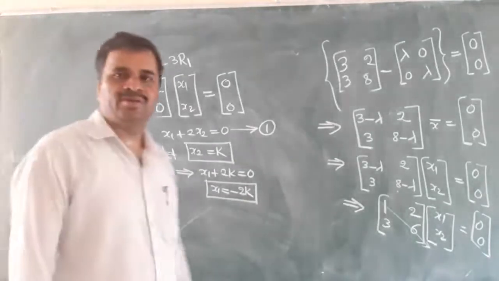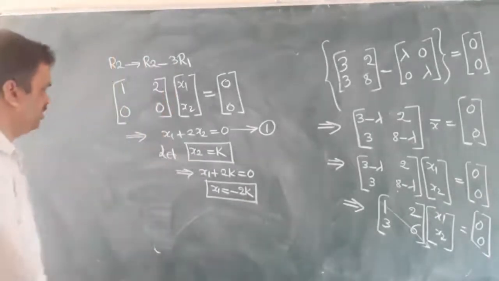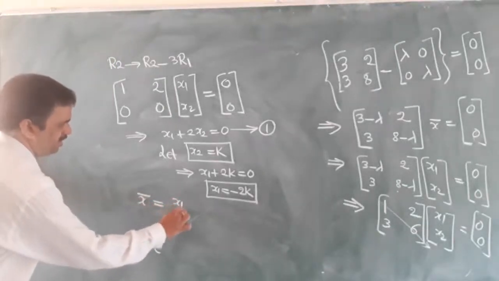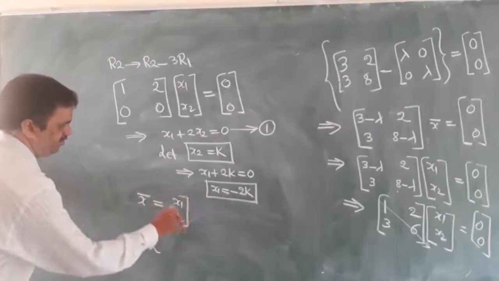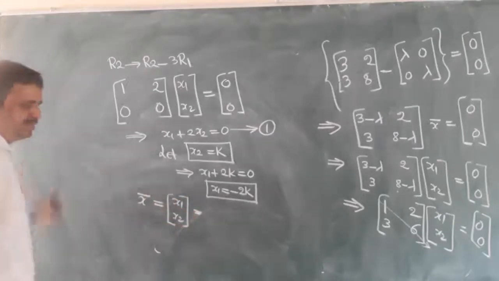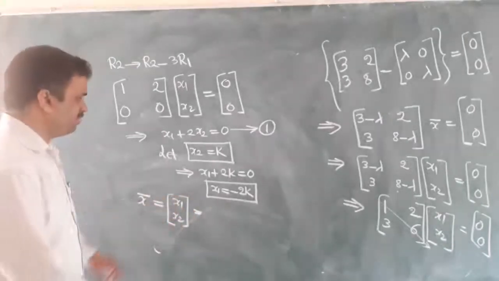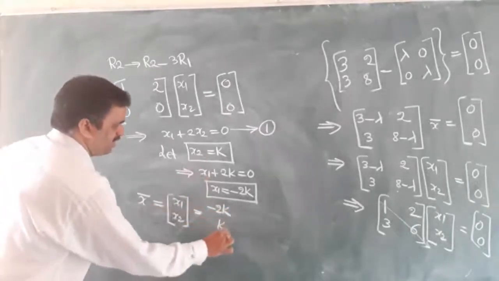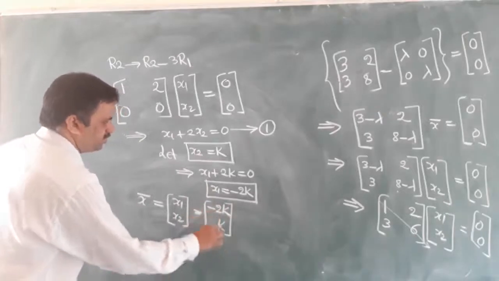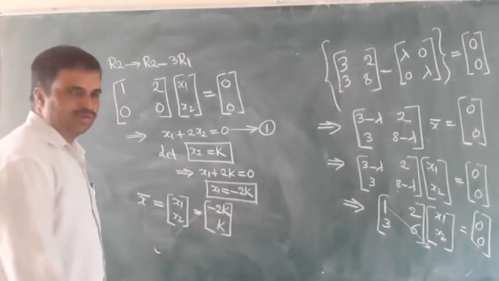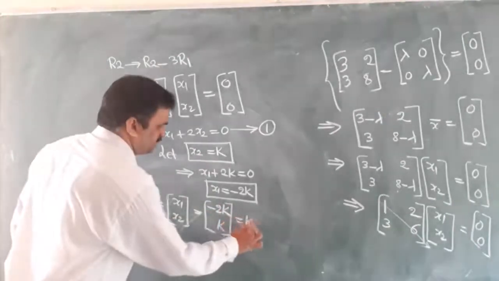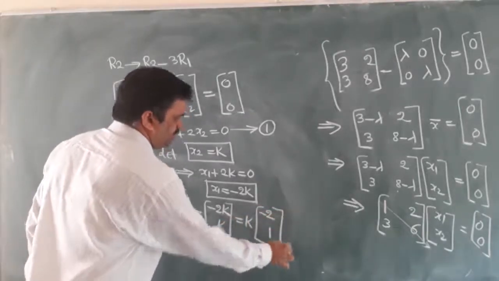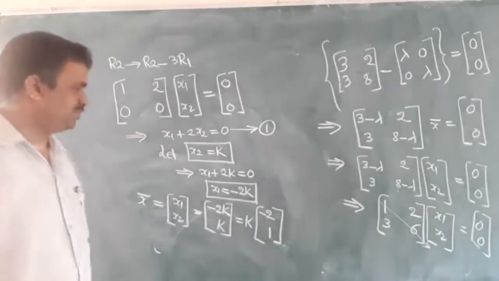We have to find x bar equal to [x1; x2]. The x1 value we have is minus 2k, and the x2 value we have is k. So [minus 2k; k]. Now you can take k common, so simply we get [minus 2; 1].